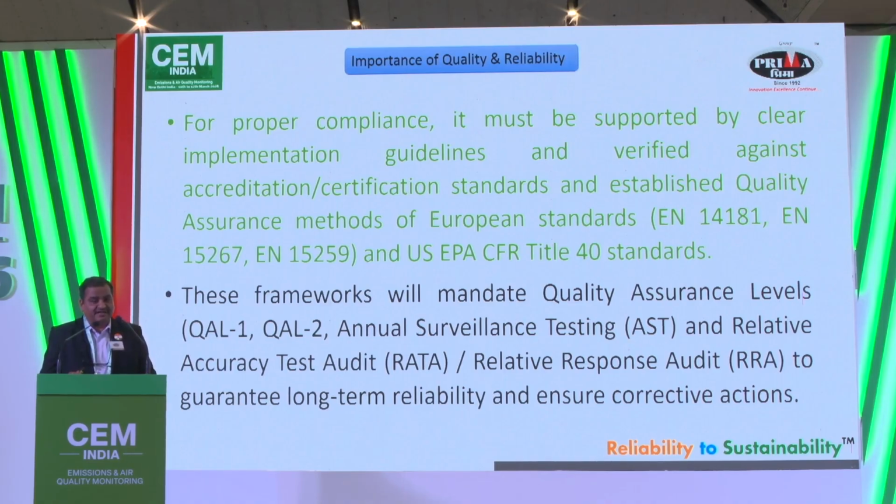The most important thing, which probably has not come into the discussion since morning, but is the first step, is 15259, before you install any certified product in your stack. And obviously the CFR method of US EPA. These frameworks mandate quality assurance levels QAL 1, QAL 2, annual surveillance testing, and relative accuracy test audit data as per the US EPA and the RRA, which gives you long-term reliability after the installation of the certified product.